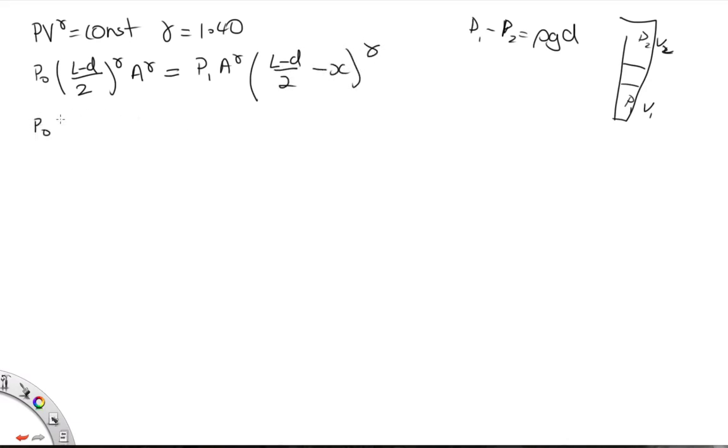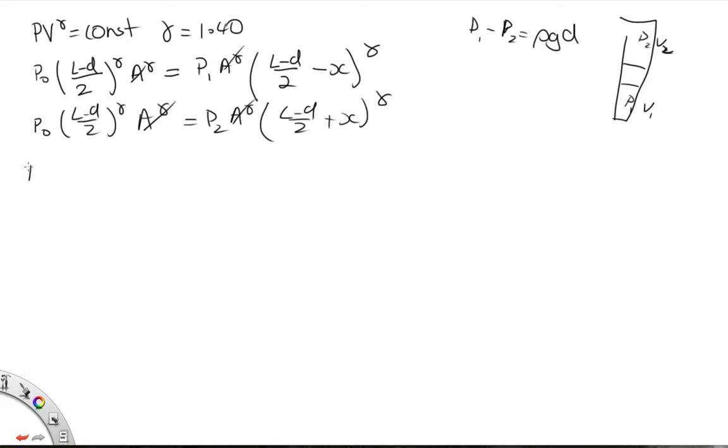And we've got P naught (L minus D over 2) to the gamma A to the gamma is equal to P2, we're considering this part, (L minus D over 2 plus x) to the gamma. Okay, the A to the gammas cancel out.